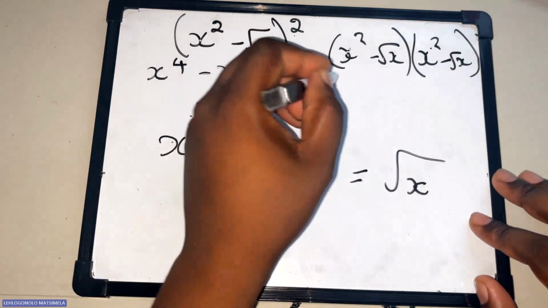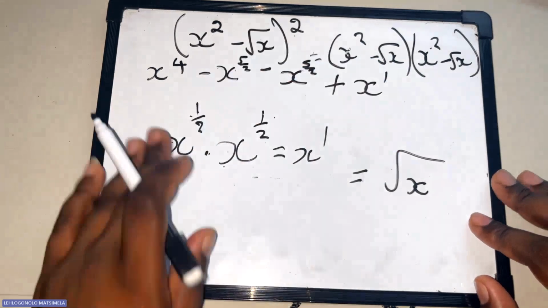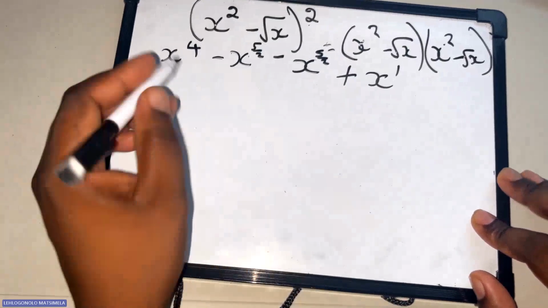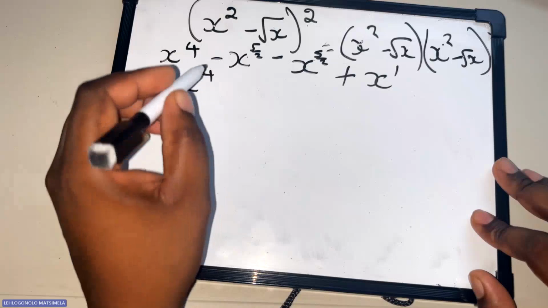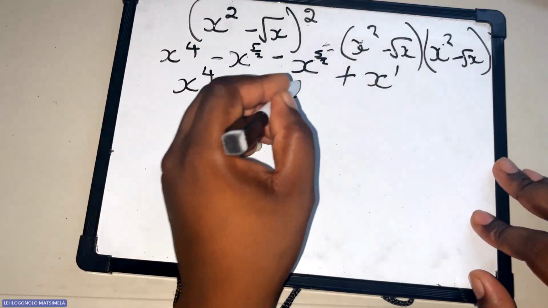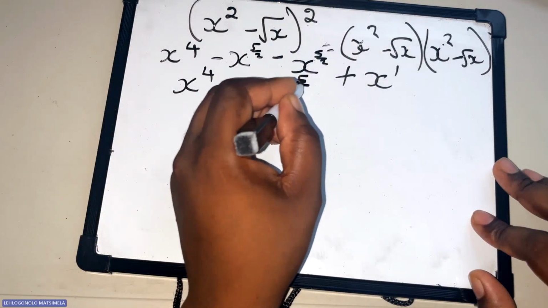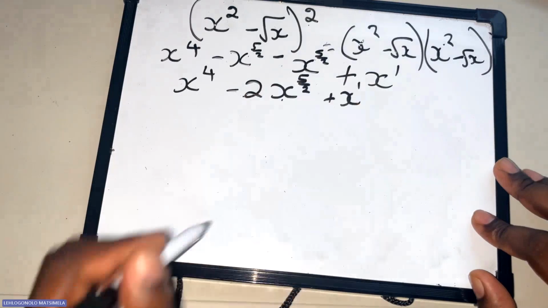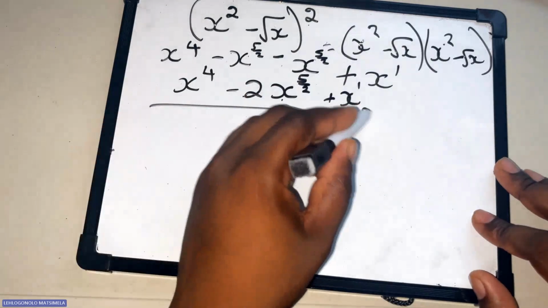Negative times negative is positive, so positive x. Then we rewrite it and group the like terms: minus 2 x to the power of 5 over 2, then plus x to the power of 1. Then my expression is in standard form.